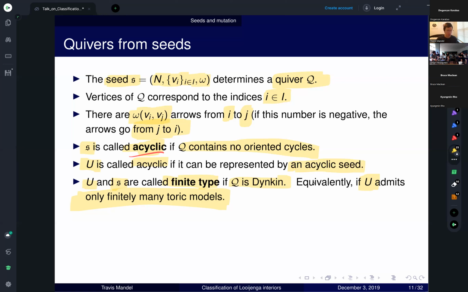I don't know. Is that true? I feel like what if you have 2 vectors that don't make an area of 1? Wouldn't that have infinitely many toric models? Oh, I see.